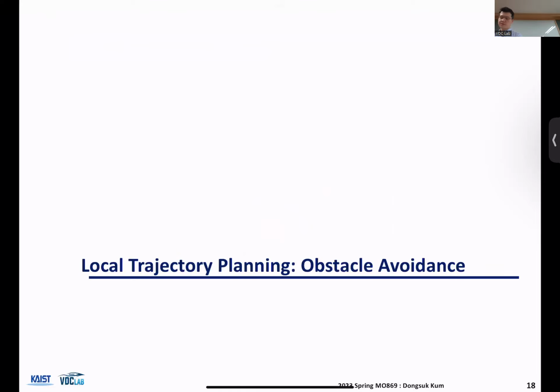And the last layer was the local trajectory planning. So just to be clear, if we say path planning, then it usually means the path does not contain the information about time or position in time. So when we say path planning, then it simply means, this is the path that I want to take, but the position at a given time is not determined.